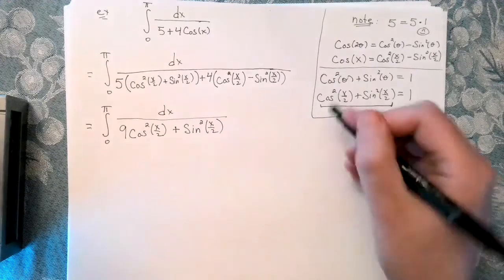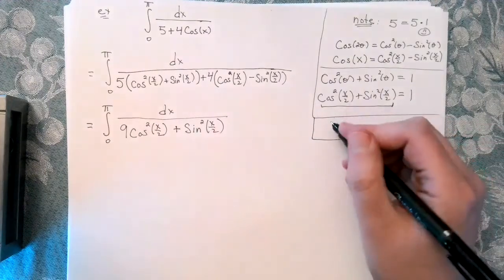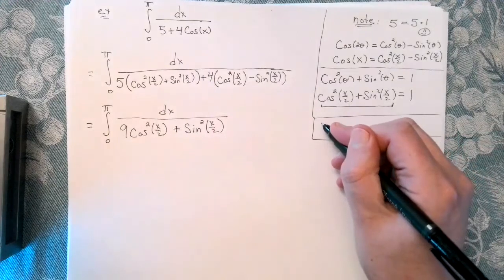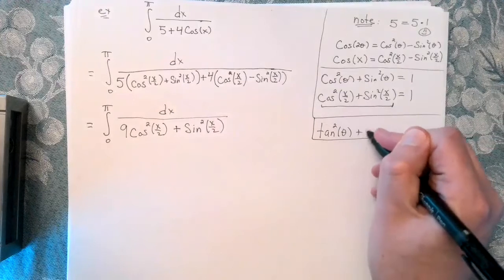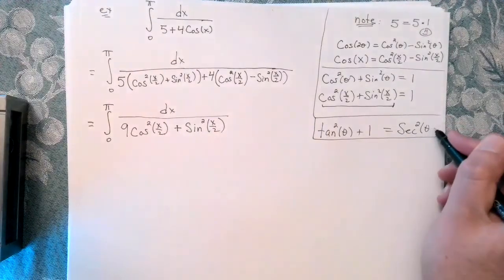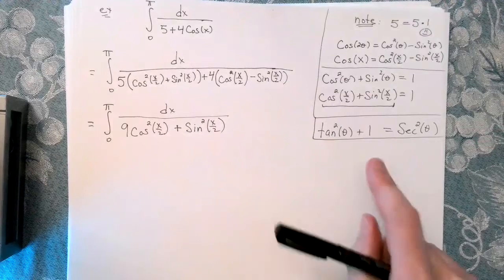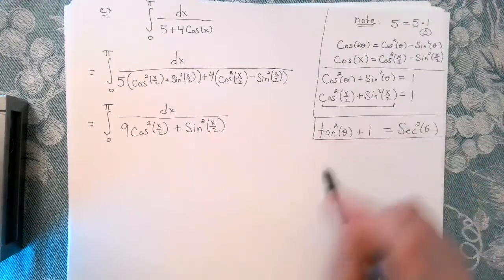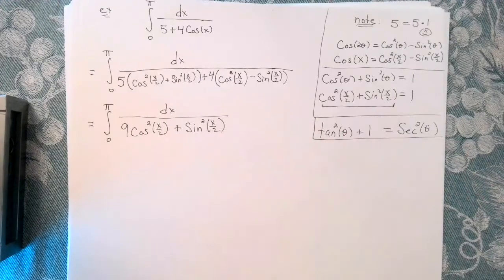Okay, so another opportunity to be clever. Let's note the following. We know that tangent squared of theta plus 1 is equal to secant squared of theta. That's another really famous Pythagorean identity. Well, this will be useful if I could set up some sort of substitution.